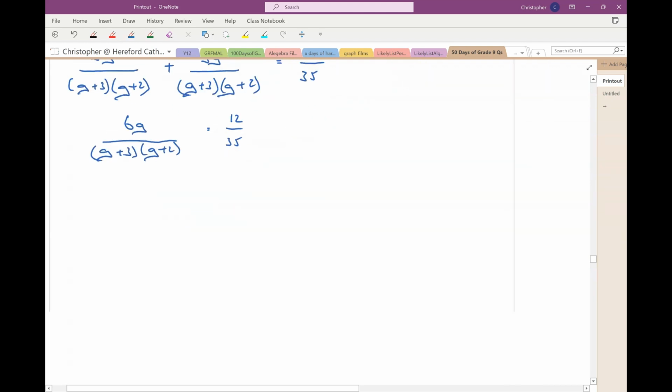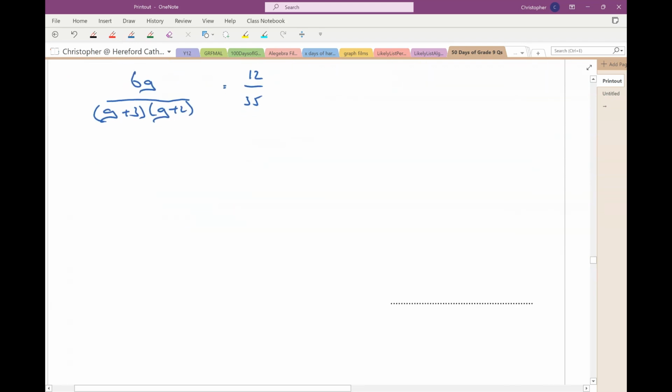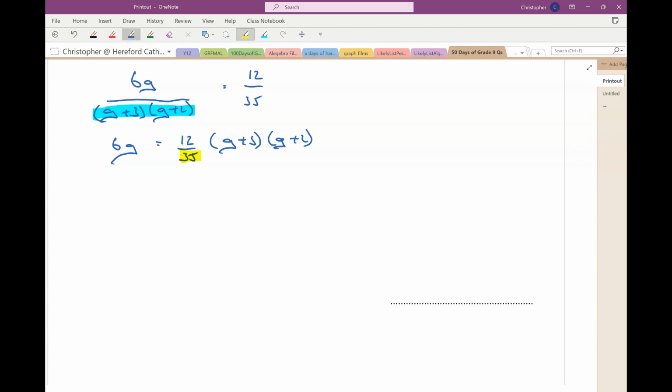Okay, well, let's multiply left and right by this denominator here. So then I'm going to have 6G equals 12/35 times G plus 3, G plus 2. And now let's multiply both sides by 35. Okay, so that's going to give me 35 times 6G.